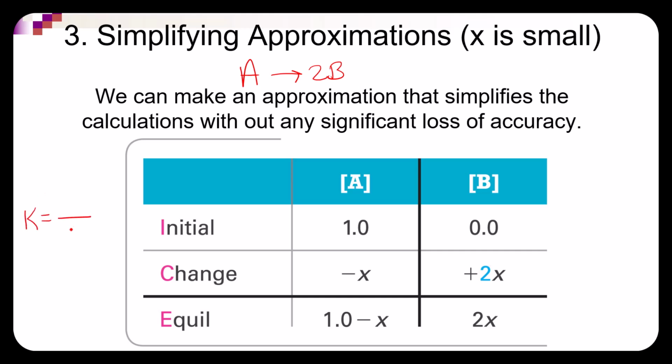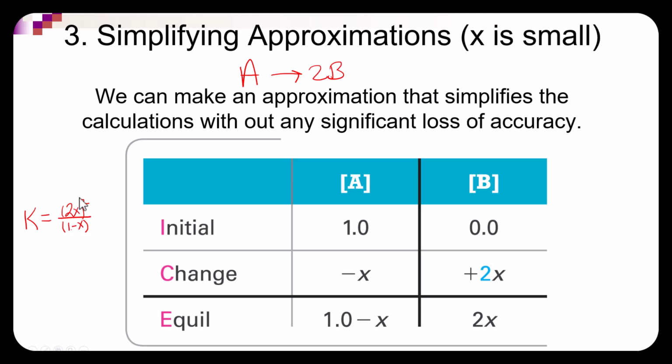Then we have K equals products on the top, so 2x squared, reactants on the bottom, 1 minus x. Okay? So not a perfect square, right? We have a squared value on the top, but we don't have a squared value on the bottom.